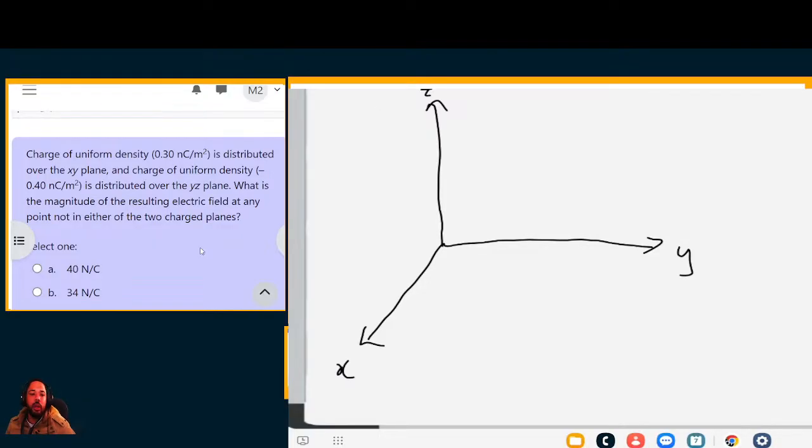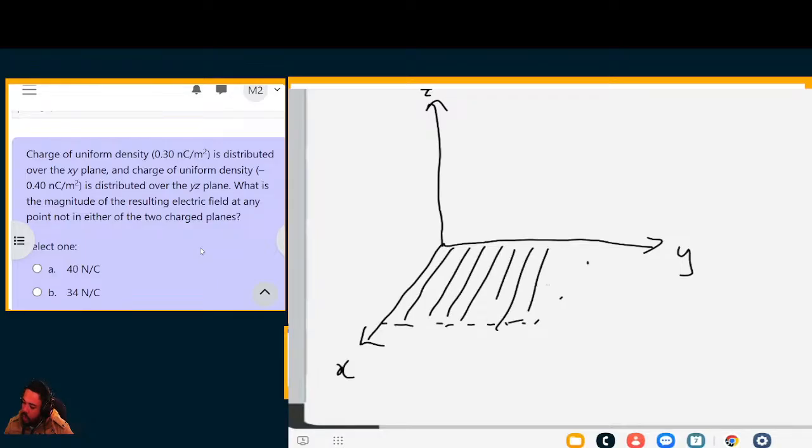So we are first looking at a charge of 0.3 nanocoulomb distributed over the xy plane. This is the xy plane here. Let me rather draw it nicely. This plane that I'm highlighting is the xy plane and it is charged.